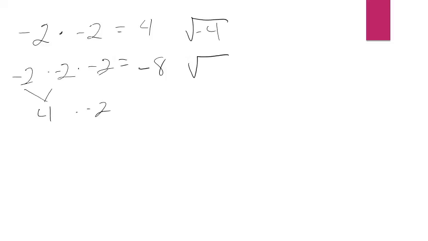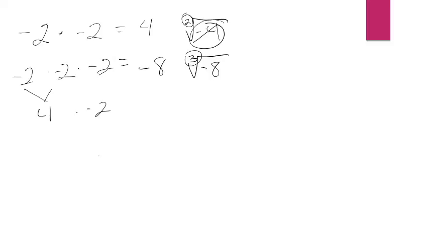So we can have a cube root of -8. You can see a pattern here with the fact that this is an even number, this is an odd number. If it's negative, odds will turn out to be negative. Evens will turn out to be positive, so you cannot have a negative inside a square root.